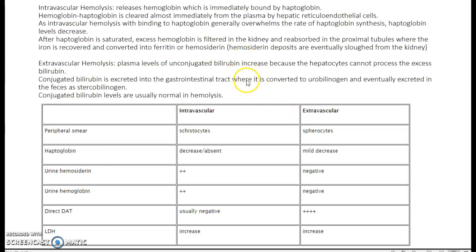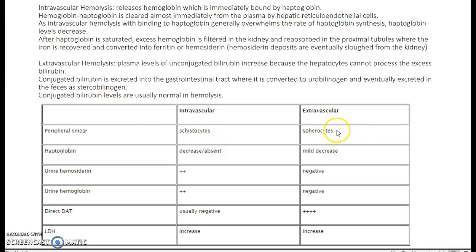In terms of intravascular versus extravascular, I'm not going to read this text to you. You can go back and read it. But for intravascular, so inside the blood vessels, that's when you get your microangiopathic anemias. Anything that's fixing complement and causing activation of the complement cascade can be intravascular. You get schistocytes with your microangiopathic and macroangiopathic disease, so shear forces on the red blood cells.